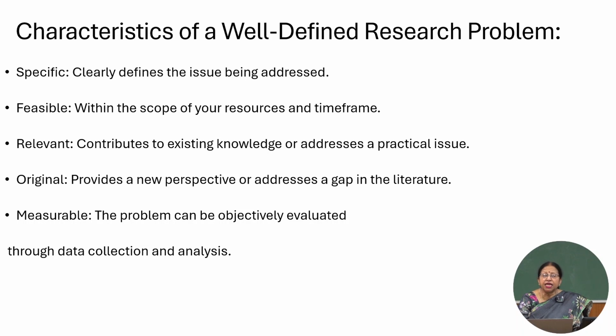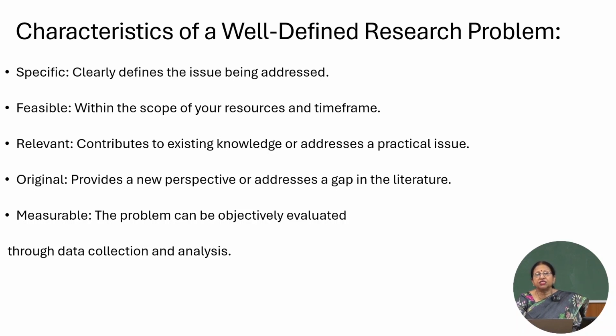Specific, clearly defines the issue being addressed. Feasible, within the scope of your resource and framework. Relevant, contributes to existing knowledge or addresses a practical issue. Original, provides a new perspective or addresses a gap in the literature. Measurable, the problem can be objectively evaluated through data collection and analysis.